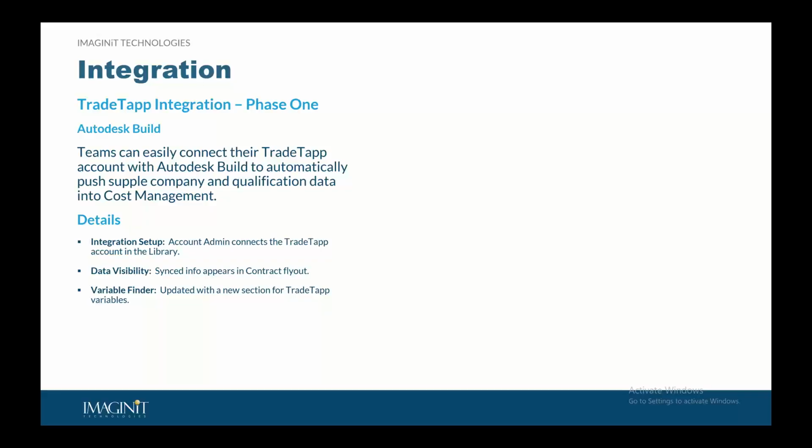So whenever you're in cost management and you go into those individual contracts, when you click on one and open the flyout that pops up on the right-hand side, all of that information from TradeTap should automatically show up for you. Again, if you have any problems or issues with this, let one of us know and we can certainly help you.